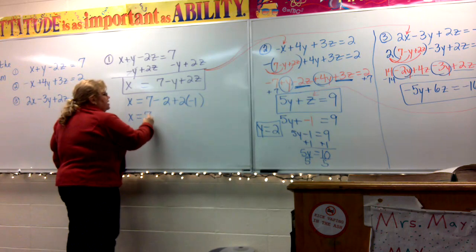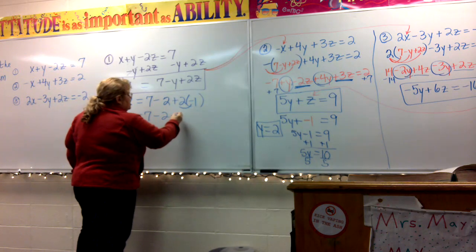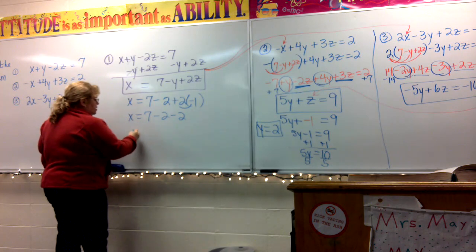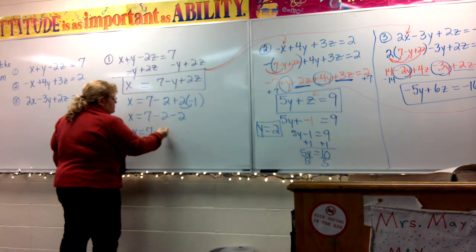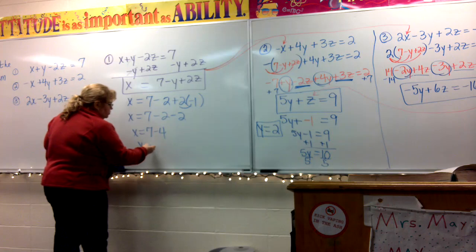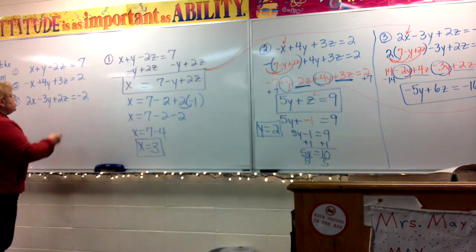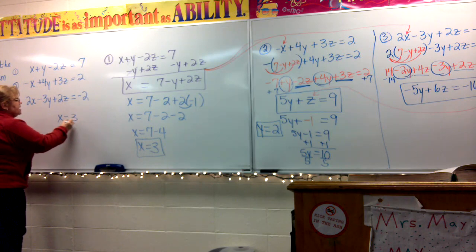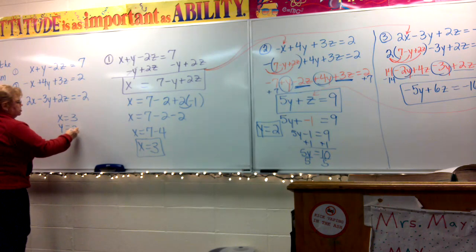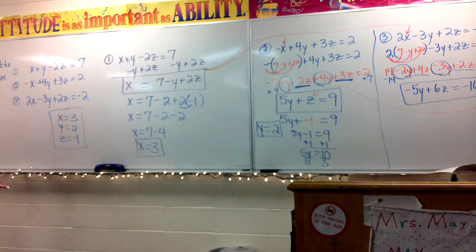X equals 7, take away 2, take away 2. 7, take away 4. So I get x equals 3. So our solution, x is 3, y is 2, and z is -1. That's our entire solution. Look at that, all one problem.